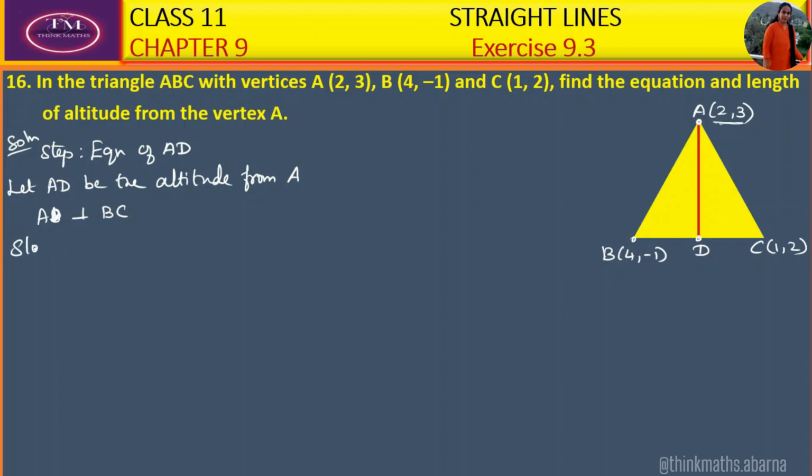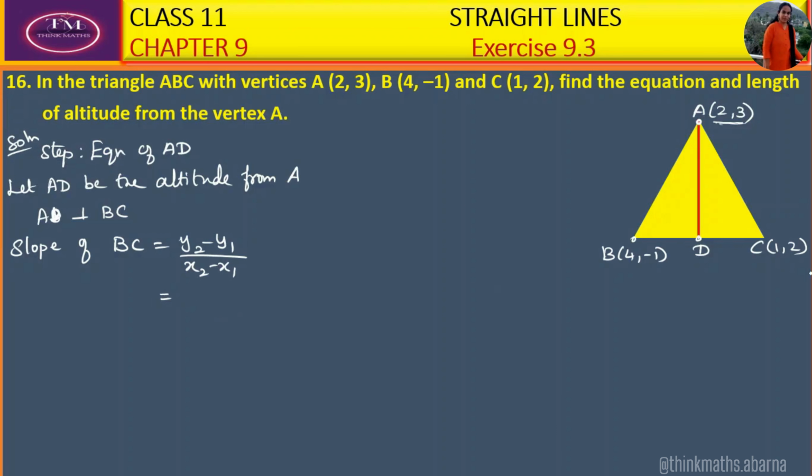So slope of BC. We have 2 points here. The points are (4, -1) and (1, 2). It is nothing but y2 minus y1 divided by x2 minus x1.